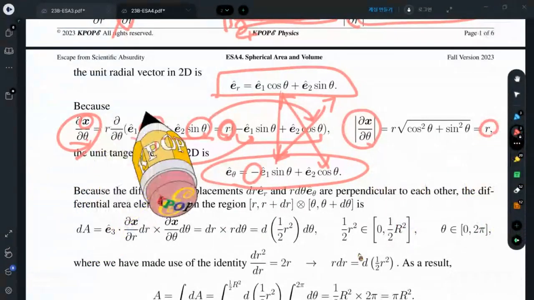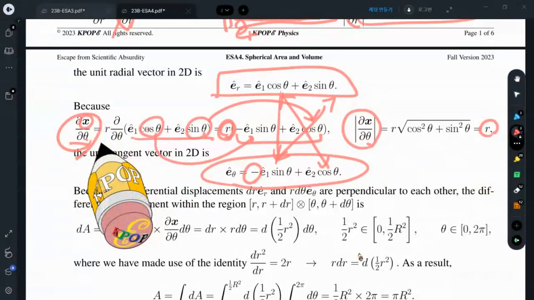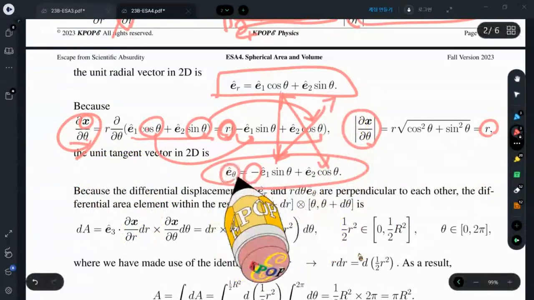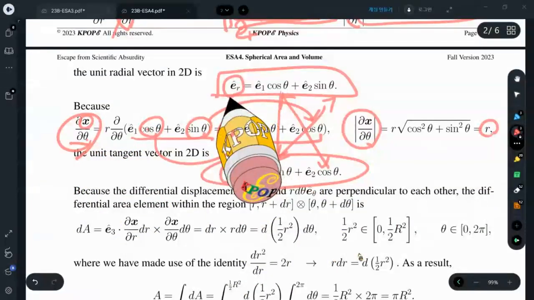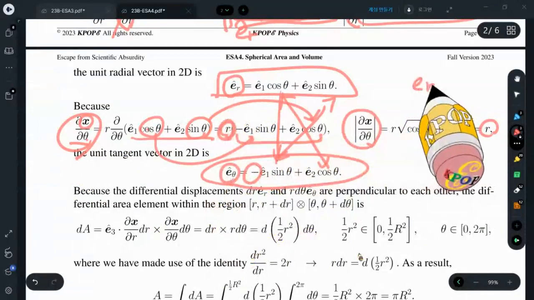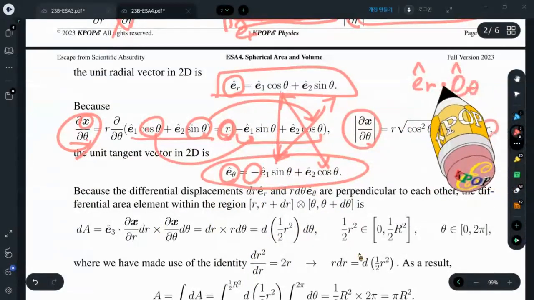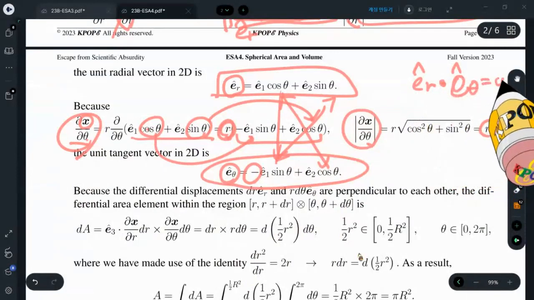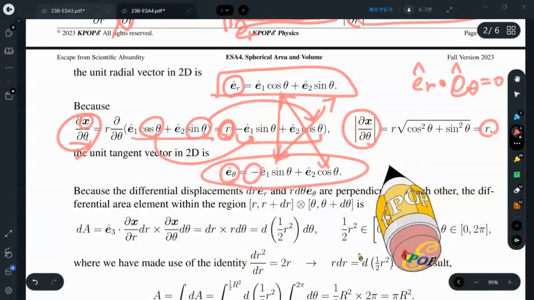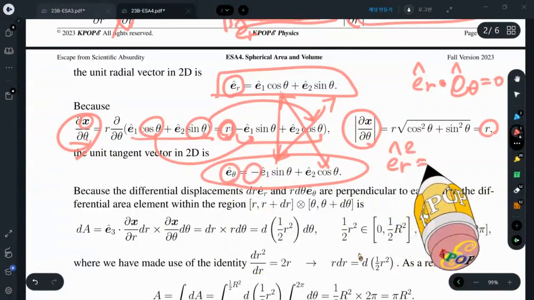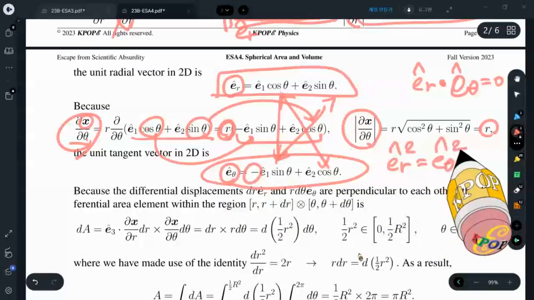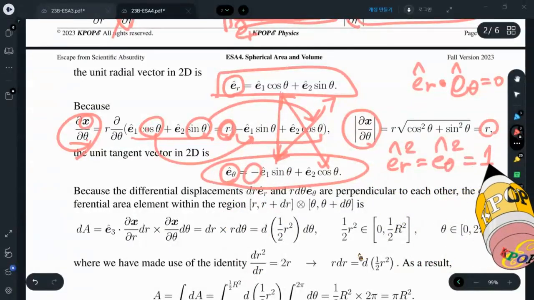Dividing this by the magnitude r, what we obtain is the unit tangent vector. As we already have tested, e_r and e_theta are perpendicular, so the scalar product must be 0. They are unit vectors, so e_r squared and e_theta squared are both 1.